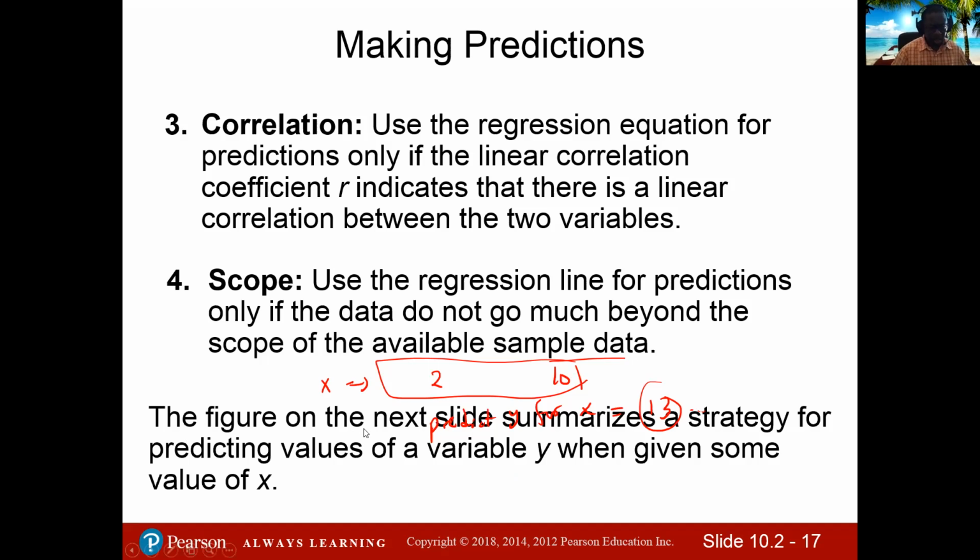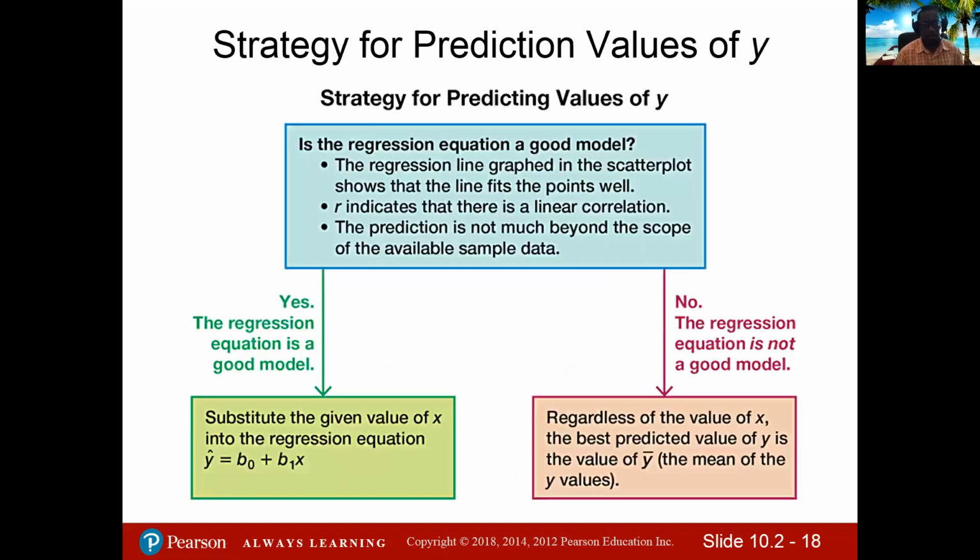Okay, the figure on the next slide summarizes a strategy for predicting values of y when given some value of x. So the strategy: is the regression line a good model?